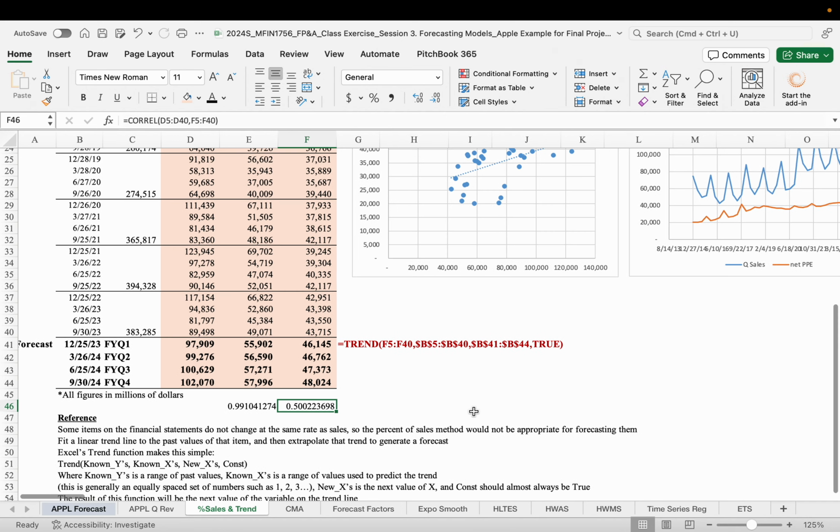That's why we need to use some different functions to project or forecast the net property, plant, and equipment different from the sales. But when we project very long-term financial planning, forecasting the sales like 5 years on a yearly basis, then it is excusable. We can just use the percentage of sales to project net property, plant, and equipment.